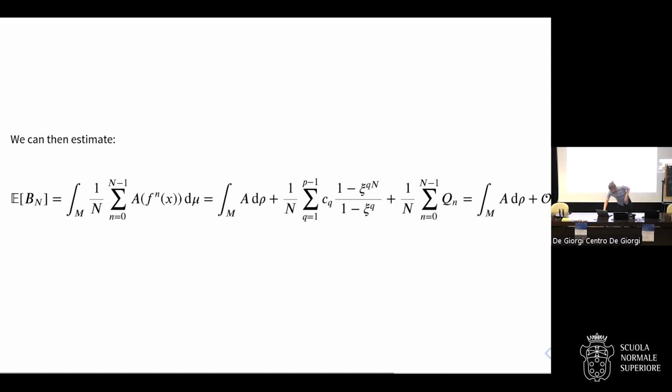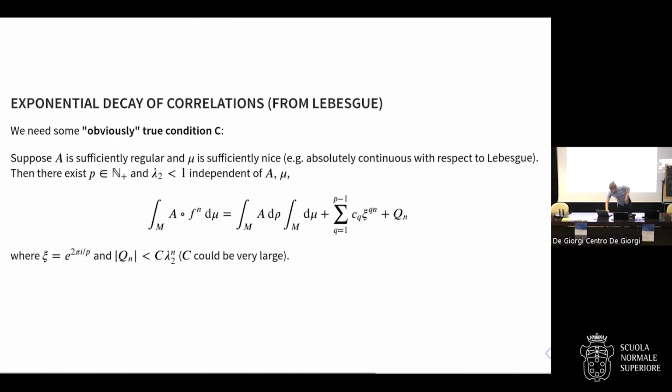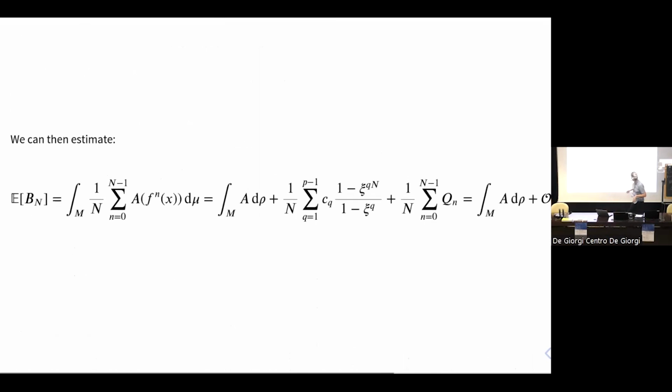For the periodic part, we are summing this over n, and you get a geometric sum. You just use your geometric sum formula for each value of q, and you get this kind of expression here, which I hope you can imagine is bounded for all n, because this guy here has norm 1, so it's just rotating, and in fact it is 0 if you choose n to be proportional to p.